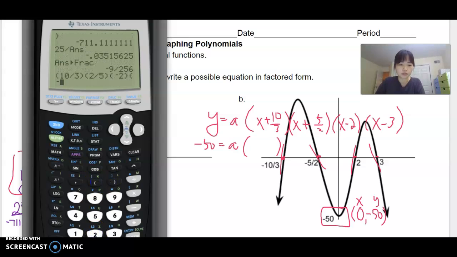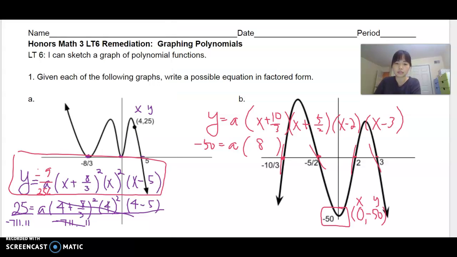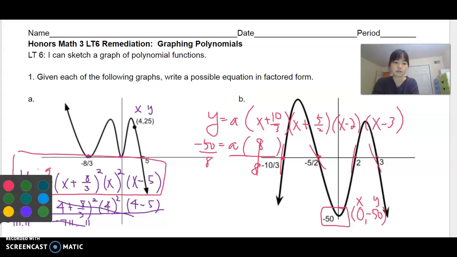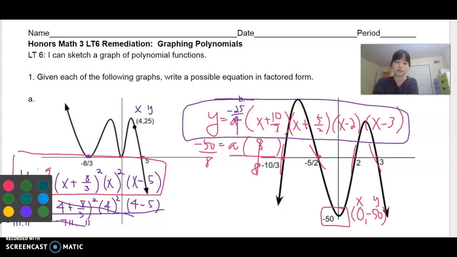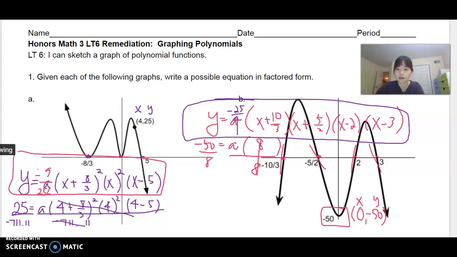And negative 3. 8. So 50 divided by 8 is 25 over 4. So I'm just going to put negative 25 over 4. And there you have it. You just need to put the a value back in there. Cool.